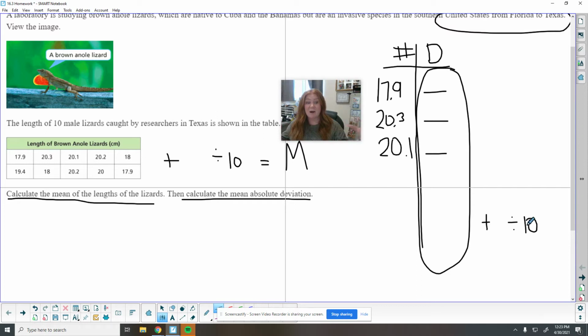Are they spread out? They're not consistent. Are they packed in? The number's really small. So that tells us they're pretty consistently around that size. If we're getting a larger number, we can see that there are lots of different lengths of these lizards. If our number is small when we finish this, that means they're pretty consistently around that size.